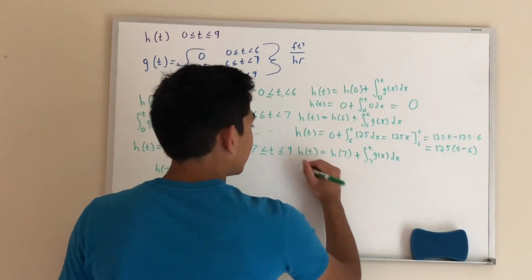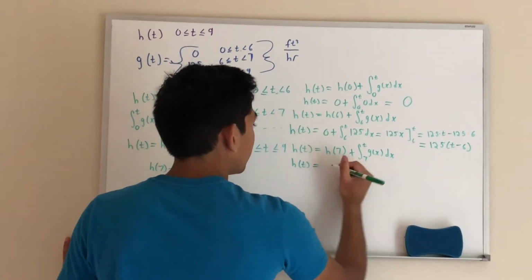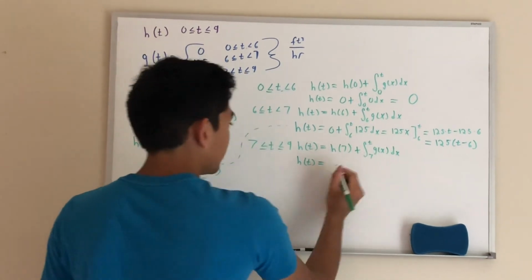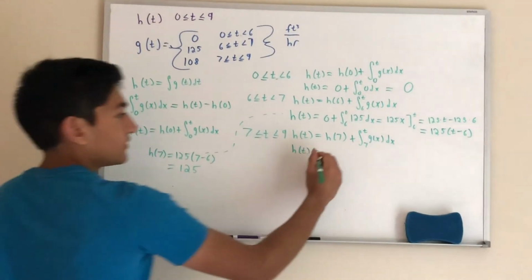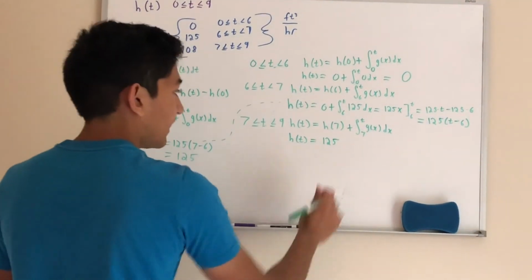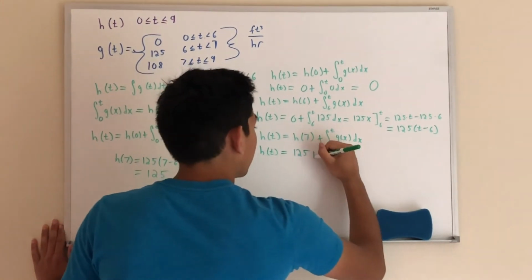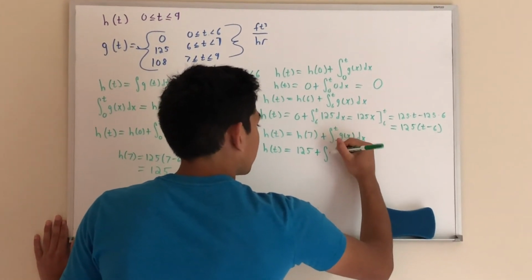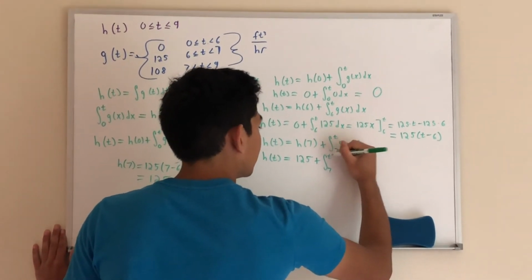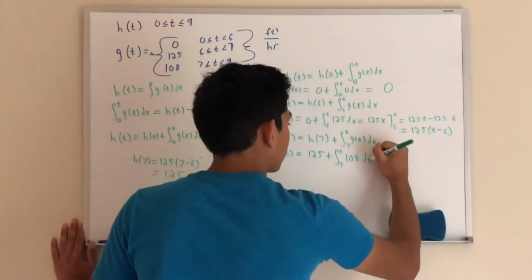So now we can rewrite this as h of t equals, h of 7 is 125, so 125, and g of x on this interval will always be 108. So that's plus the integral from 7 to t of 108 dx.